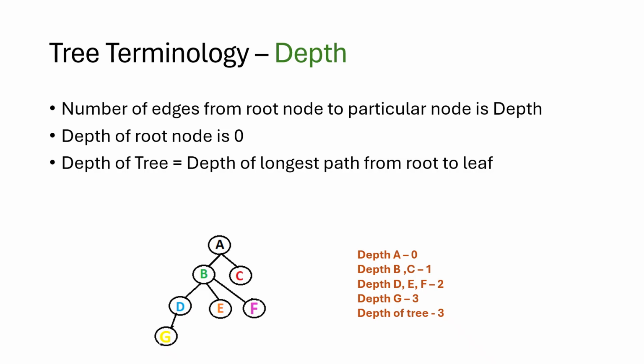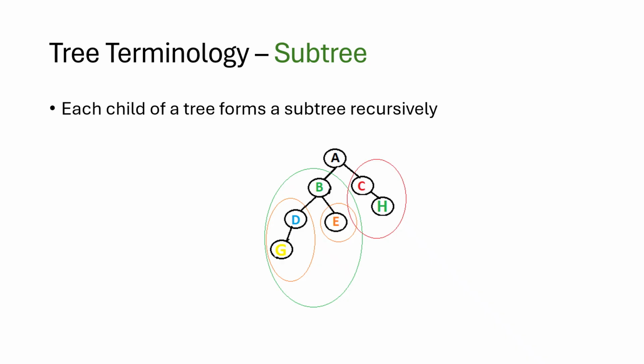For F, F to B is 1 and B to A is 2. So D, E, F is 2. For B and C, to the root node is only 1 edge. For A it is 0. So depth of the tree is nothing but the depth of the longest path from the leaf to root. Leaf to root.